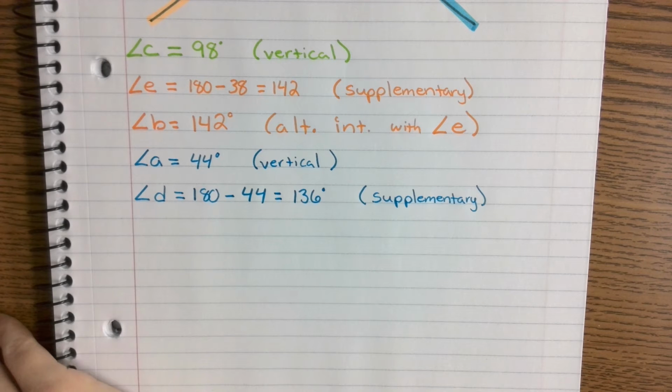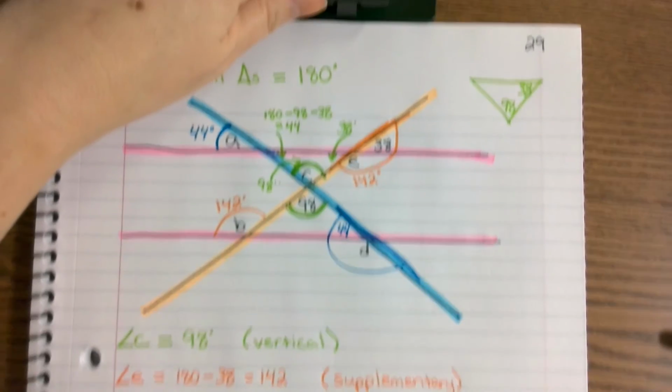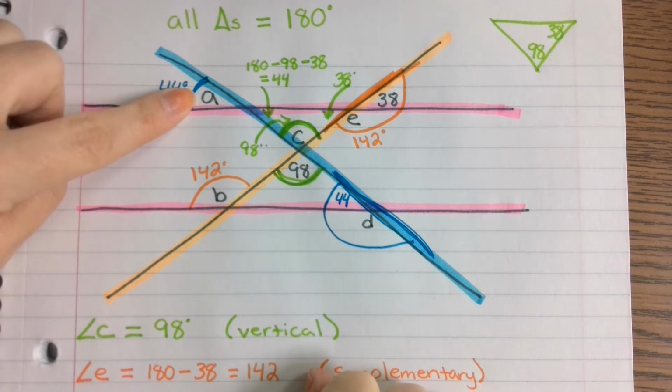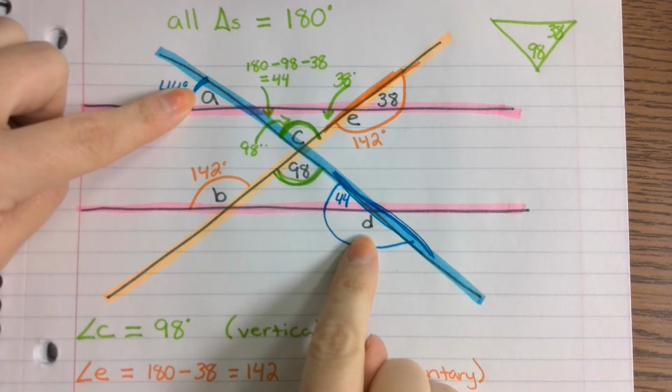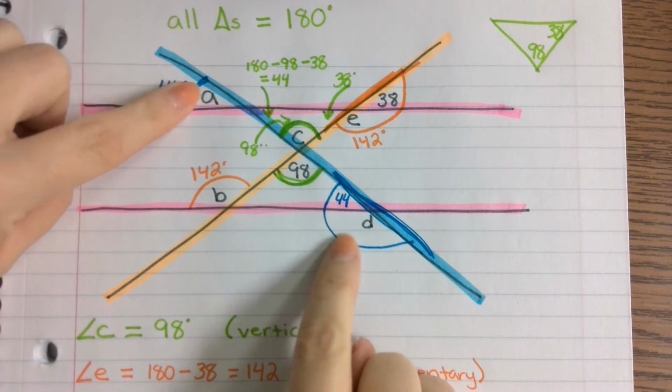Now, there's also a really neat theorem that you technically don't have to know about, but I'm going to share it with you anyway when it comes to these kinds of transversals. So angle A and angle D, they're not alternating because they're both on the same side, right?